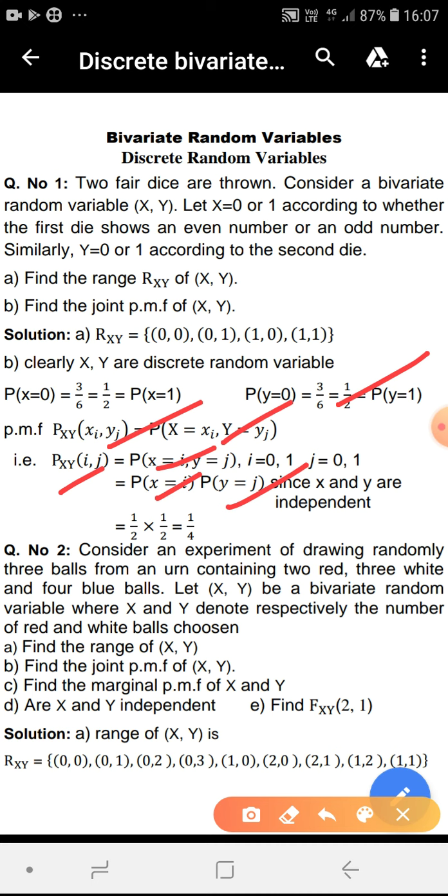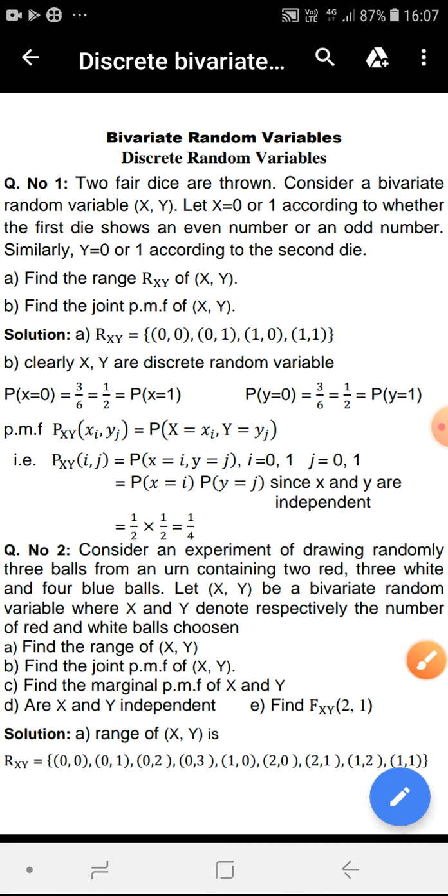The probability that X will be equal to x_i, 0 or 1, is 1/2. Similarly, the probability that Y is equal to y_j, which is 0 or 1, is again 1/2. So 1/2 times 1/2 is equal to 1/4. This means the probability mass function p_XY(x, y) for any x value and y value will always be equal to 1/4.